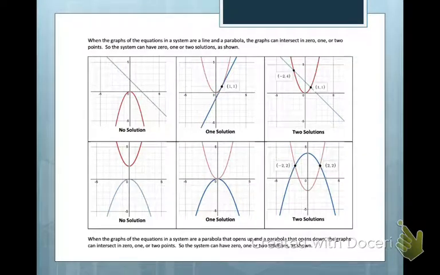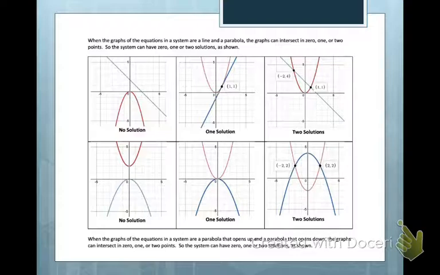When the graphs of the equations in a system are a line and a parabola, like the three graphs in the first row of this table below, the graphs can intersect in 0, 1, or 2 points. So the system can have 0, 1, or 2 solutions. And if you look at the bottom row, when the graphs of equations in a system are a parabola that opens up and a parabola that opens down, the graphs can intersect in 0, 1, or 2 points.